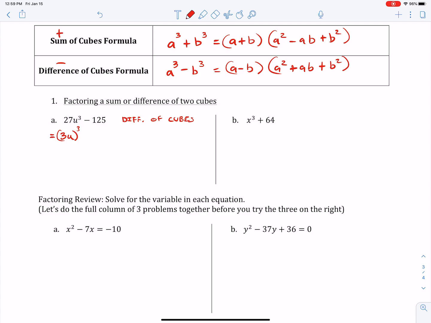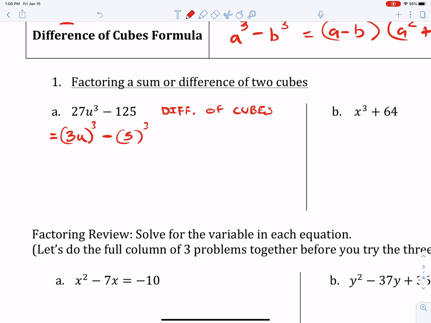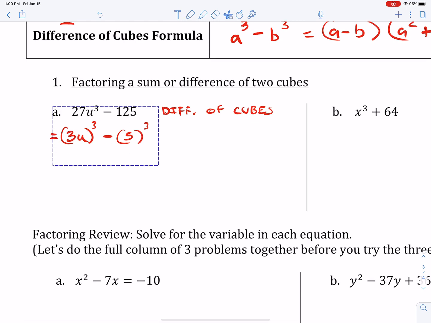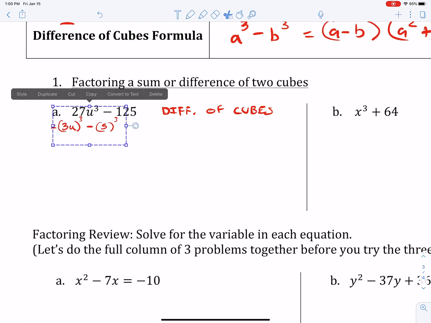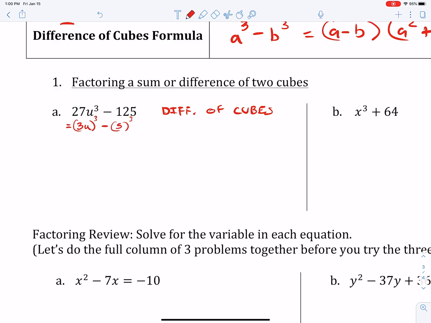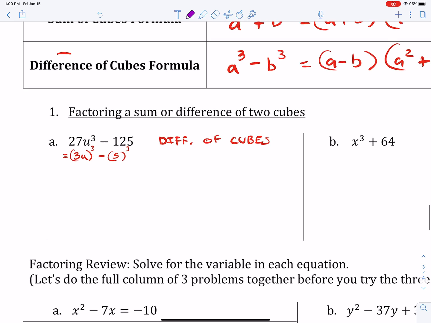U to the third power is u to the third power. From there, minus, well, 5 to the third power is 125. So what I want to do there, and if you kind of zoom in carefully, and I'm going to minimize this just a little bit, is what this represents here, and to make the connection to our formula above.